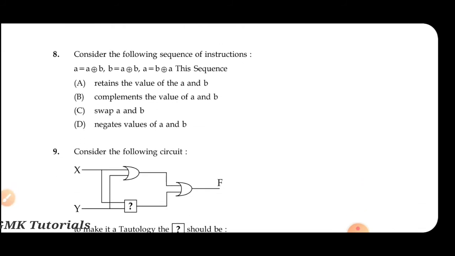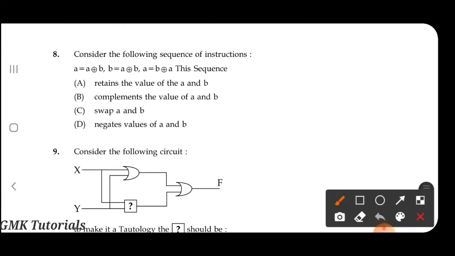Eighth question, consider the following sequence of instructions. A is equal to an expression, B is equal to an expression, and A is equal to an expression. They gave three instructions. So we will substitute the values. For example, A is equal to 1 and B is equal to 0.